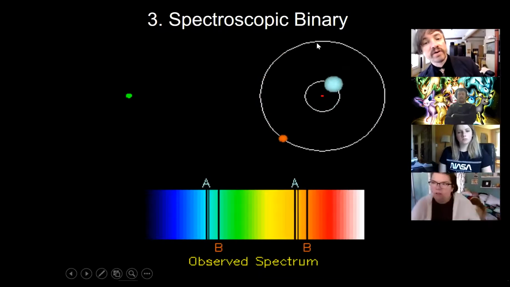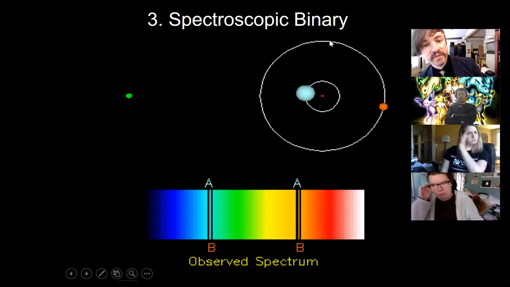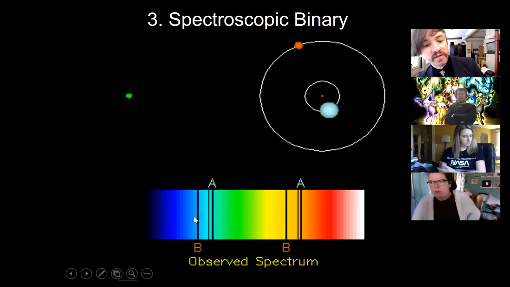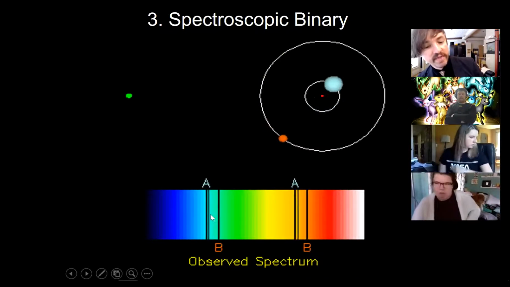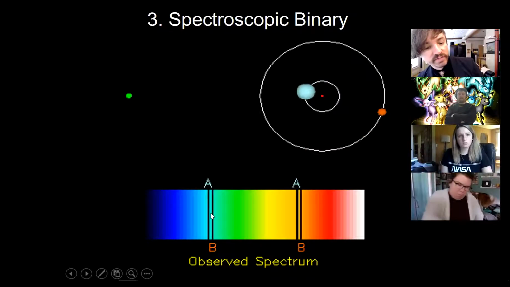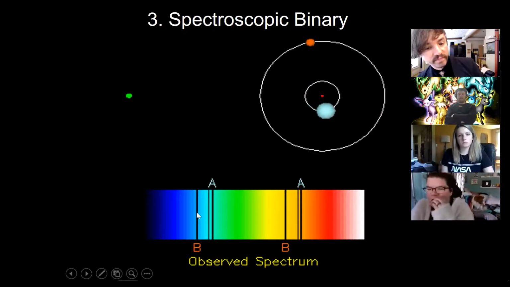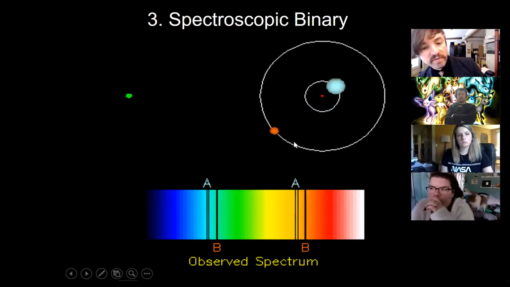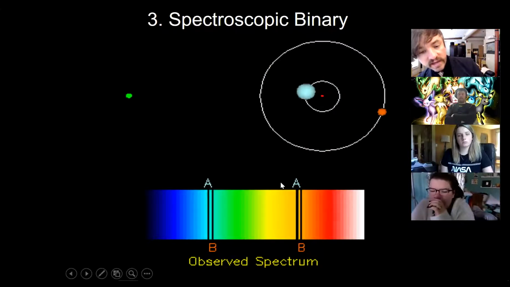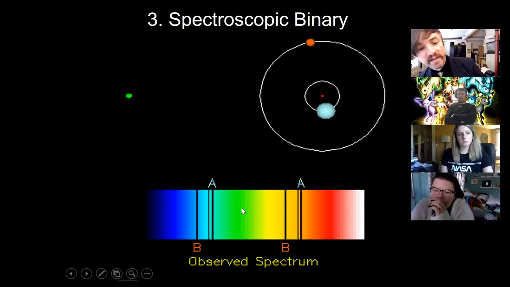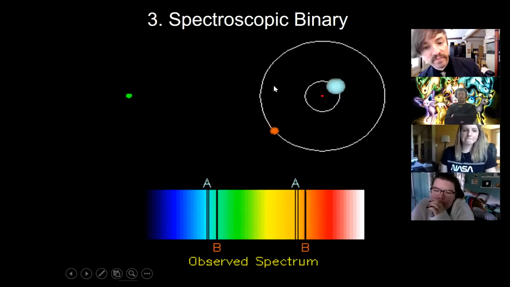And when one of the stars moves towards the observer, the Doppler shift produces a blue shift. That's when the absorption lines shift towards the blue end of the spectrum. When the star moves away from the observer, you're getting a red shift, and the absorption lines are shifted to the red end of the spectrum.